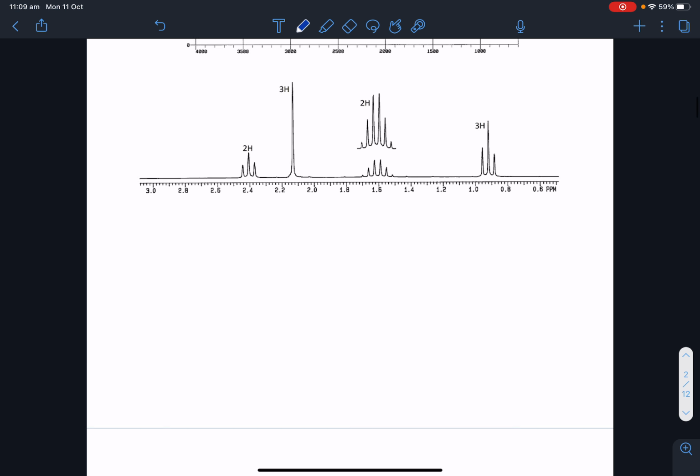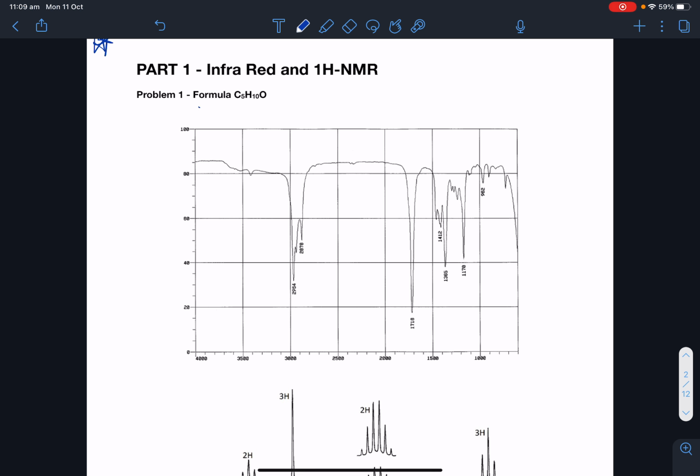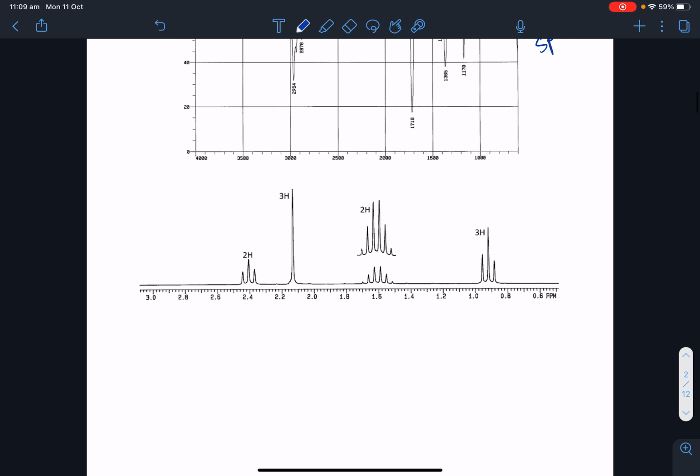For part one, I've given you for each one a formula, an IR spectrum, which hopefully you can recognize, and also a proton NMR spectrum. I can tell it's hydrogens, and also this chemical shift is really small.